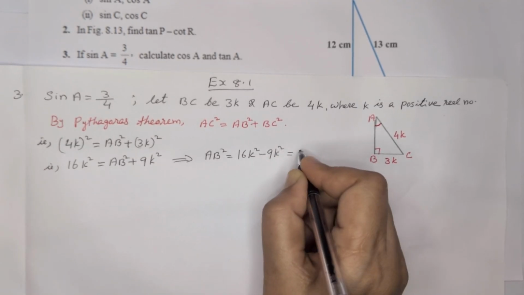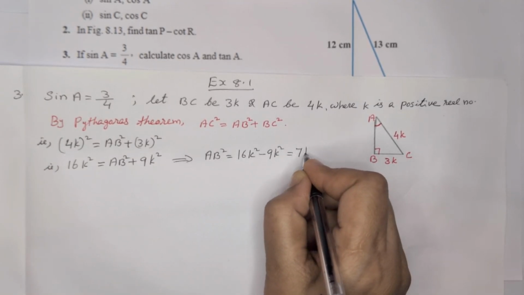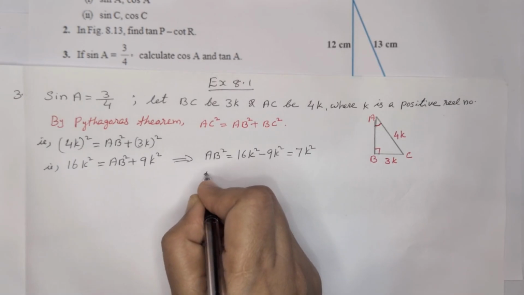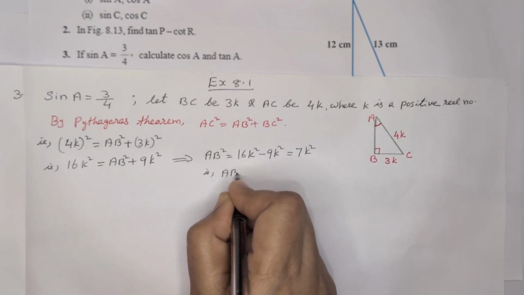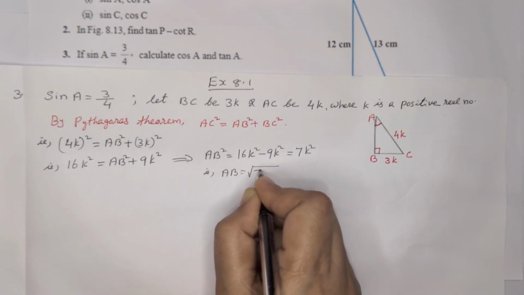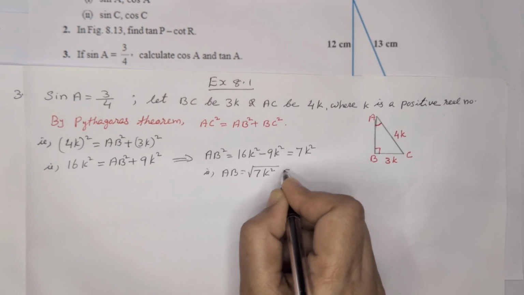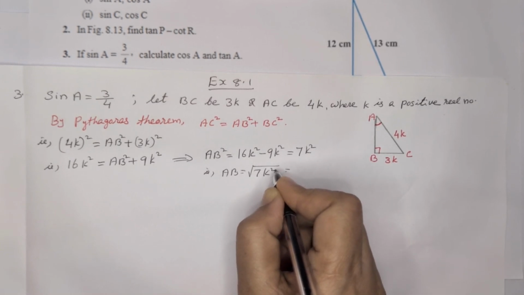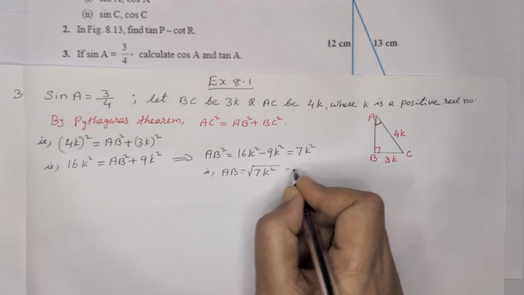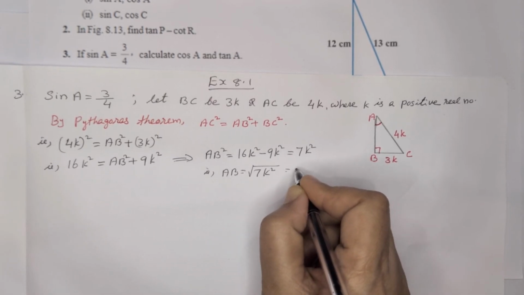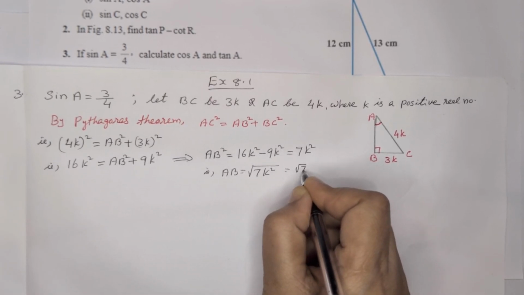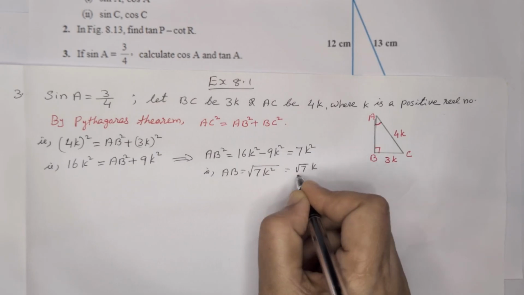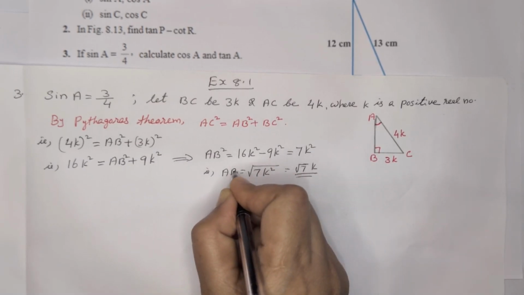That means 16 minus 9, 7K square. That is AB is equal to root of 7K square. We can remove the square and the root, and it will come as K, we can take it out. So root 7 K, that is AB.